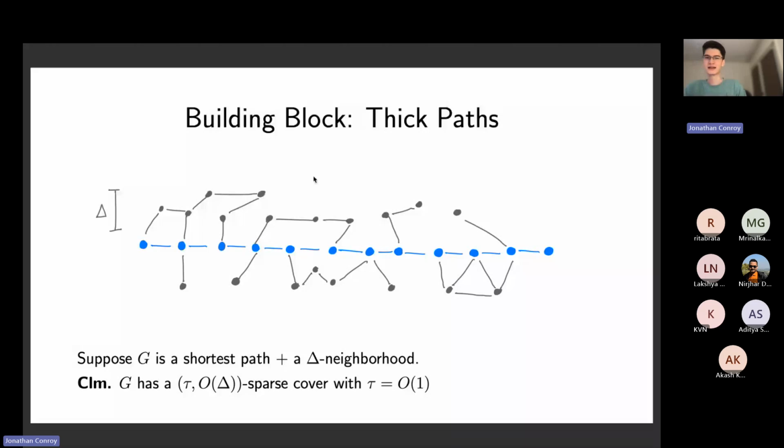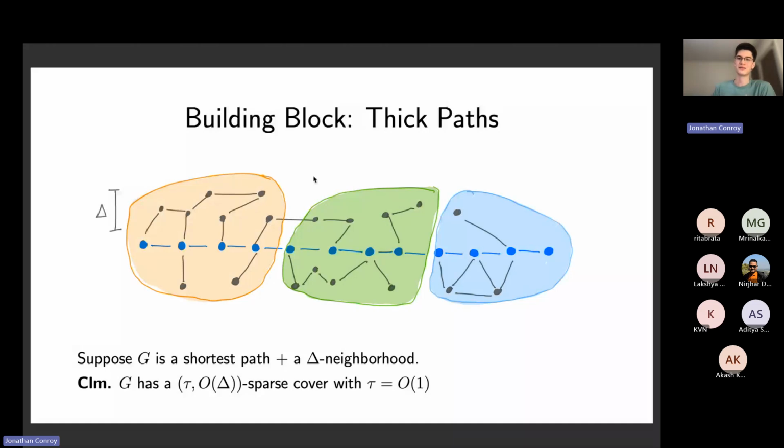The argument is essentially identical to sparse cover on a single path. You find these clusters of radius roughly delta, and then you expand them a bit, and then you use triangle inequality to say each cluster can only be threatened by at most one or 2 clusters when you do this expansion. Okay, so thick paths are easy to deal with.